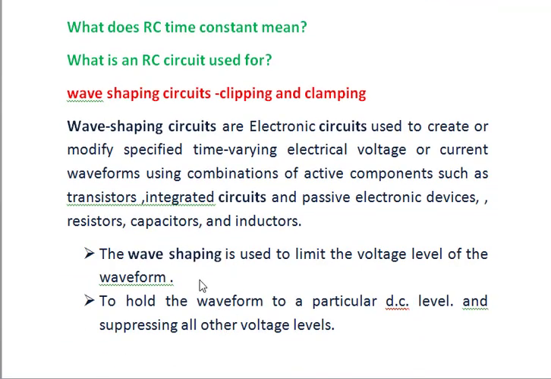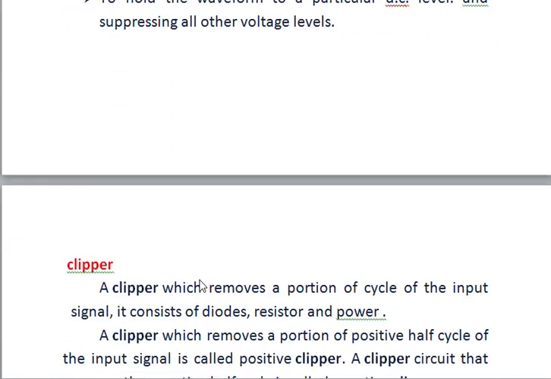What is the use of these wave shaping circuits? They are used to limit the voltage level of the waveform and to hold the waveform to a particular DC level, suppressing all other voltage levels.